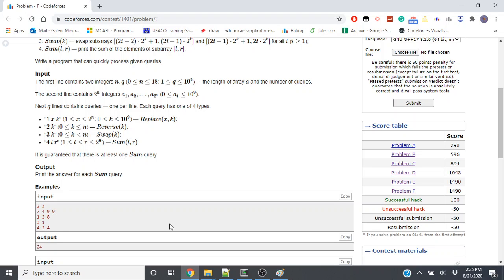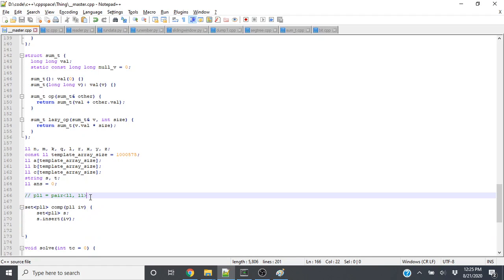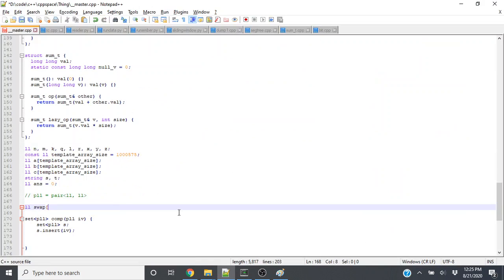So we need to figure out what each query ends up as. So each query starts off as a big interval, but then it may get split up over time. So what we can do is swap.